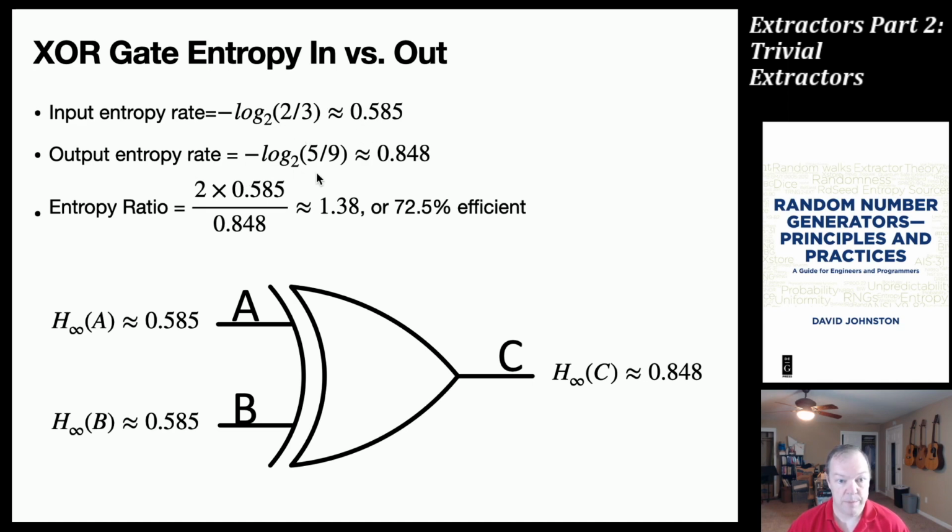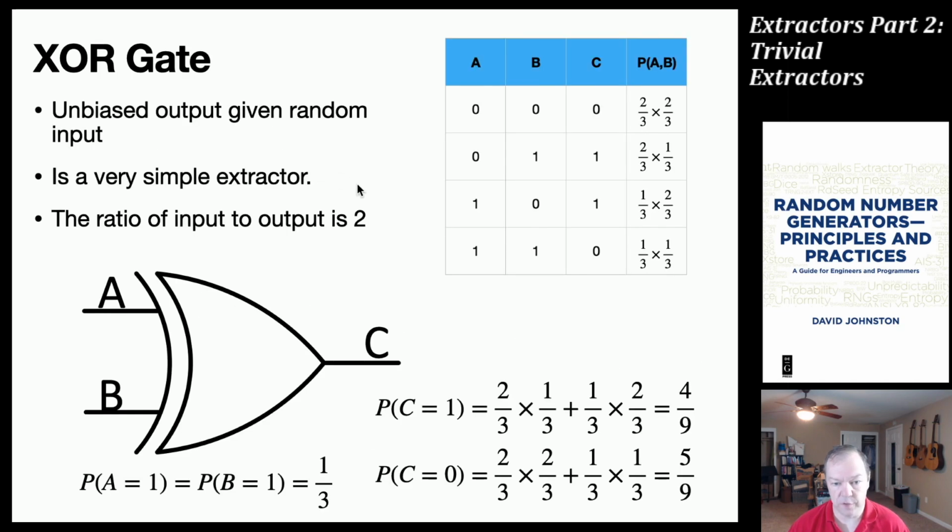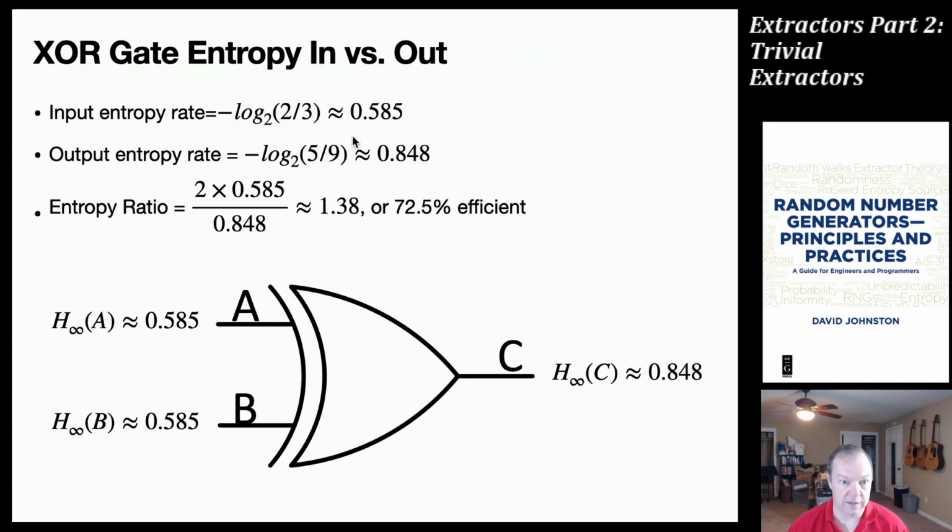In fact, at the output, we've got 5/9 is the most likely. We have 4/9 for a, which was it? It was 4/9 for a 1 and 5/9 for a 0. So a 0 is the more likely symbol, and we compute the entropy, and it's 0.848, and we can see it's higher.